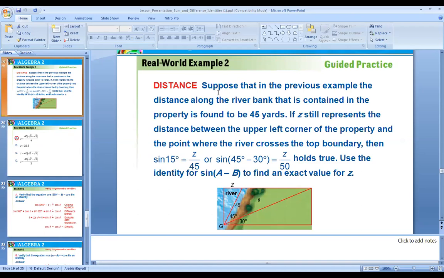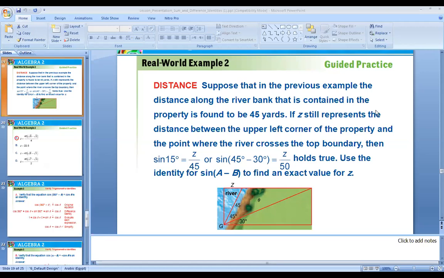Suppose that this is a word problem talking about distance. Suppose that in the previous example, the distance along the river bank that is contained in the property is found to be 45 yards.